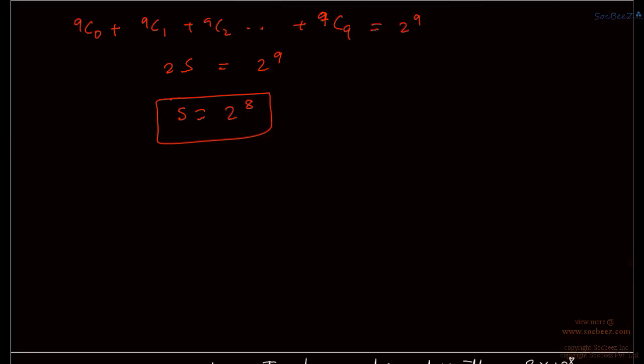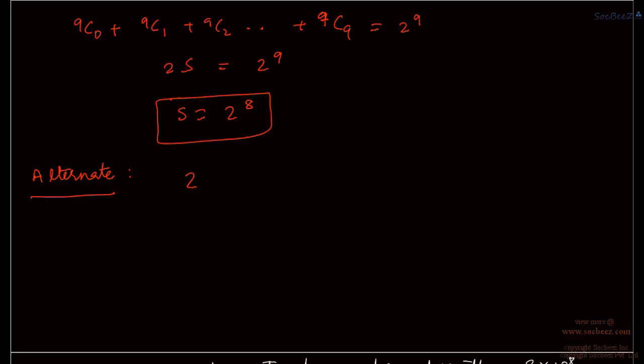Well, apart from this, you can do it in a slightly different method. The alternate solution would be something like this. Each subject actually has 2 possible states, right? He may either pass that subject or he may fail that subject.